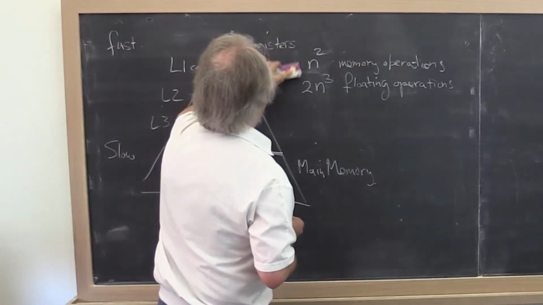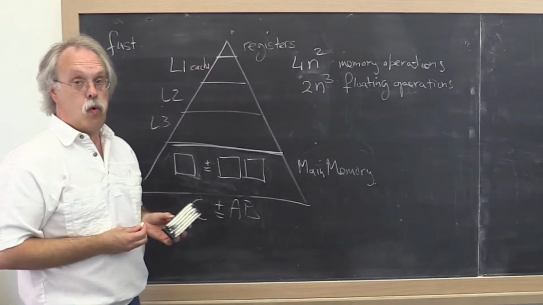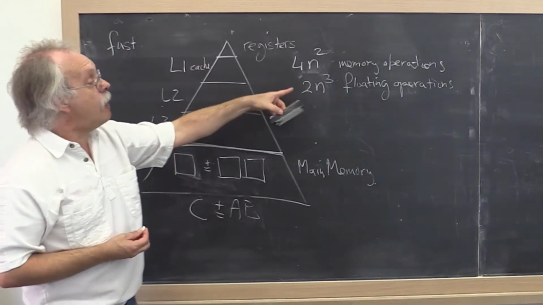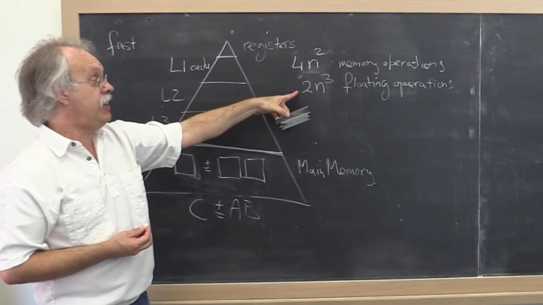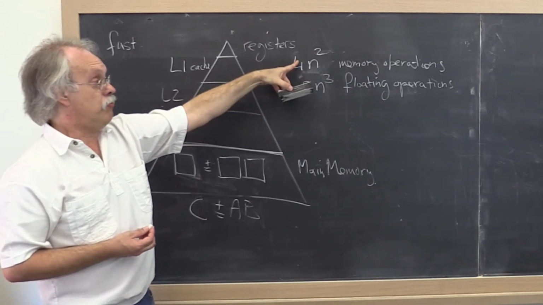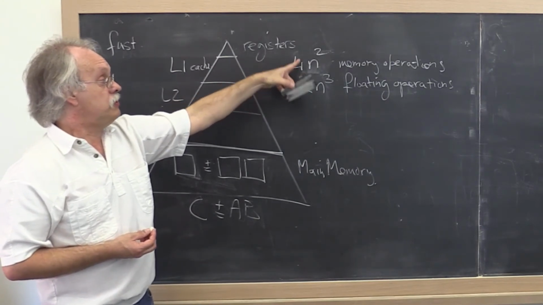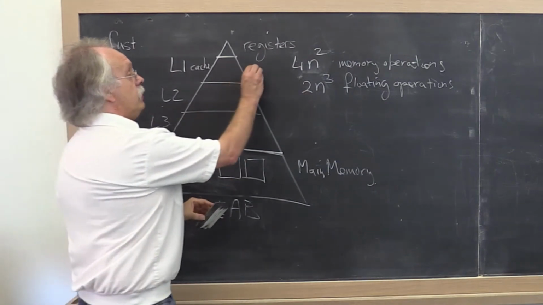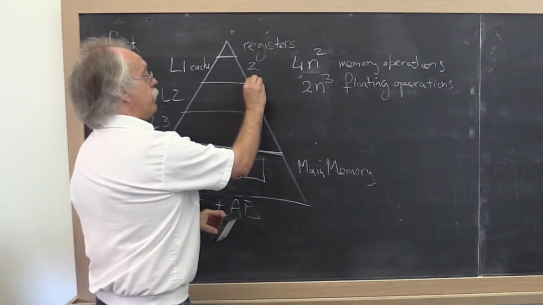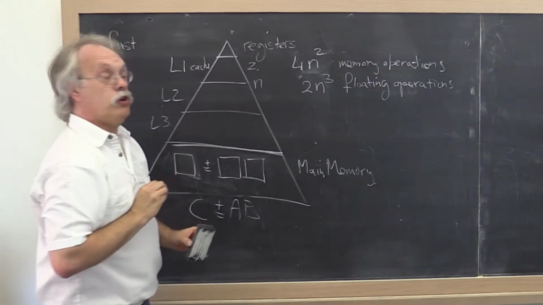So that means 4n squared memory operations. There's an opportunity here to amortize the cost of memory operations over more floating point operations, because the ratio here really is 2 memory operations for every n floating point operations.